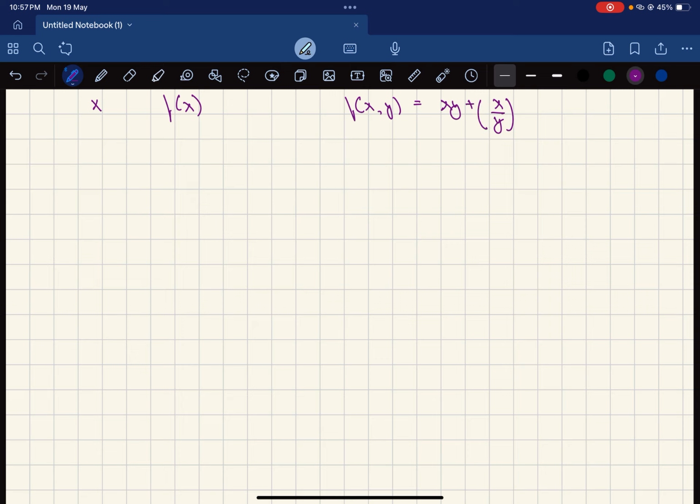Now let us say we have to find the derivative of f with respect to x. So we have to find d of f(x, y) with respect to dx. Now how do we do that? There is something called partial derivatives.